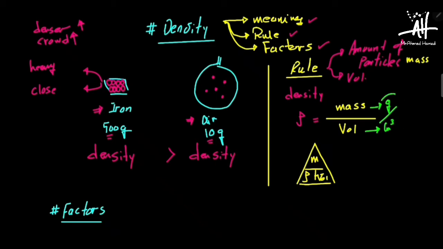So the first unit of density that we can use is gram per centimeter cube, and also the mass can be in kilogram, and the volume can be in meters cube. So the second unit that we can use with density is kilogram per meter cube. So the units that we can use are either gram per centimeter cube or kilogram per meter cube.